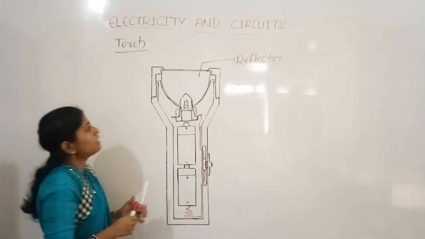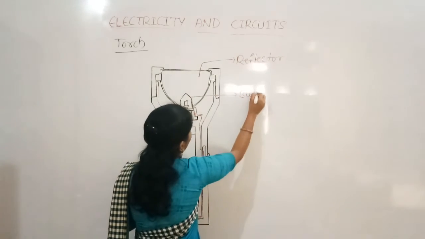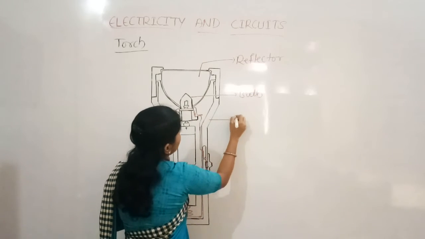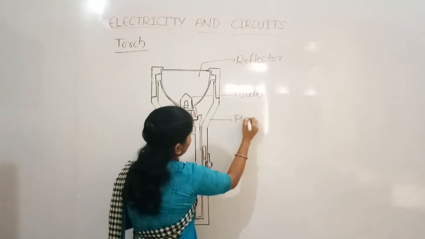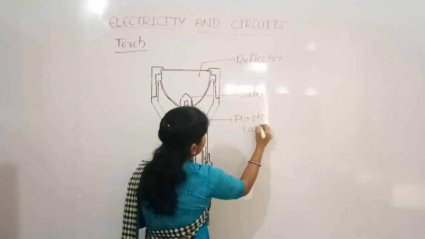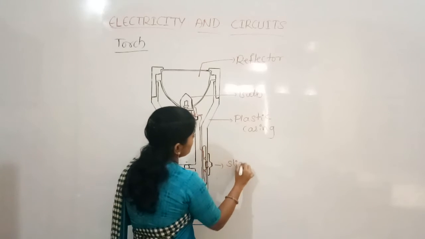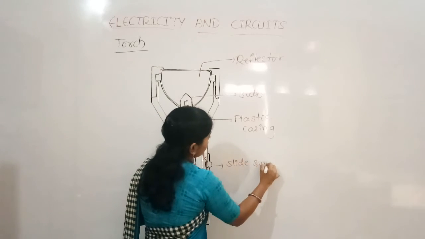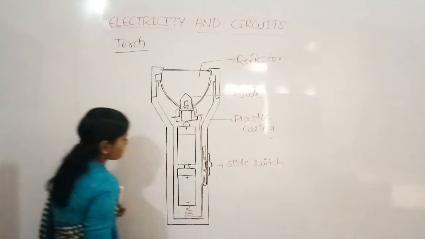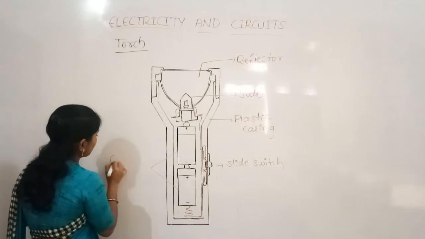And here this is the bulb, and here is the plastic casing, and this is the slide switch, and these two are the electric cells.